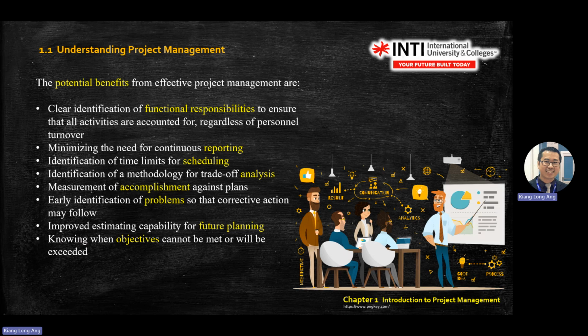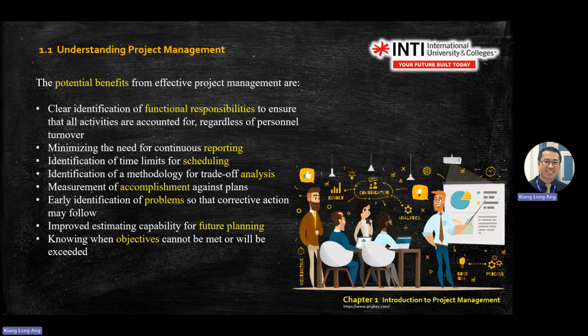Minimize the need for continuous reporting: they know what they need to do already, and you have a Gantt chart, a tool for you to monitor. So you don't need continuous reporting because reporting consumes time. In the production line or in product design, time is money. So you don't waste time in meetings, you spend time producing the results that the customer wants.